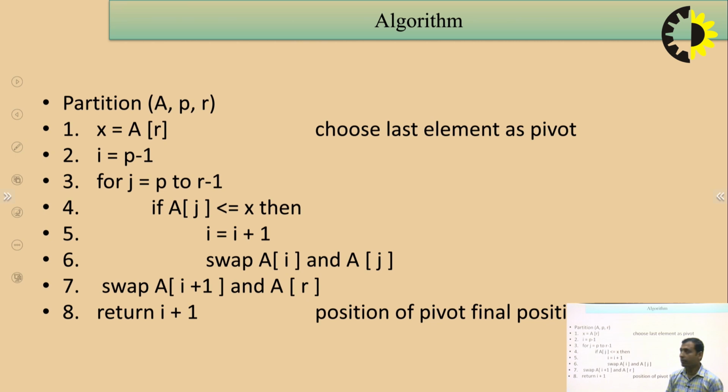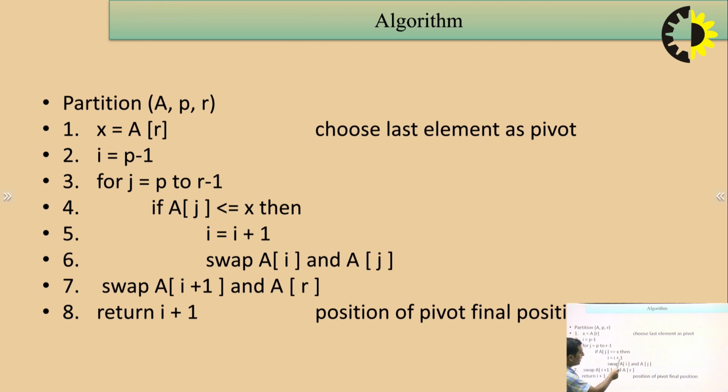Now we initialize a temporary iteration variable I with one less than the starting index P, and we repeat j from P to R minus 1, one less than the last index. If Aj is less than or equal to x, the pivot element, then what to do?